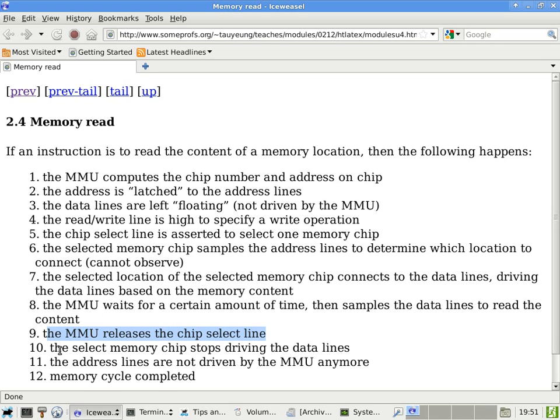So how much data can be transferred per memory cycle? It depends on the number of data lines. That determines how many bits can be transferred all at once. It's just like one parallel burst, everything at once.